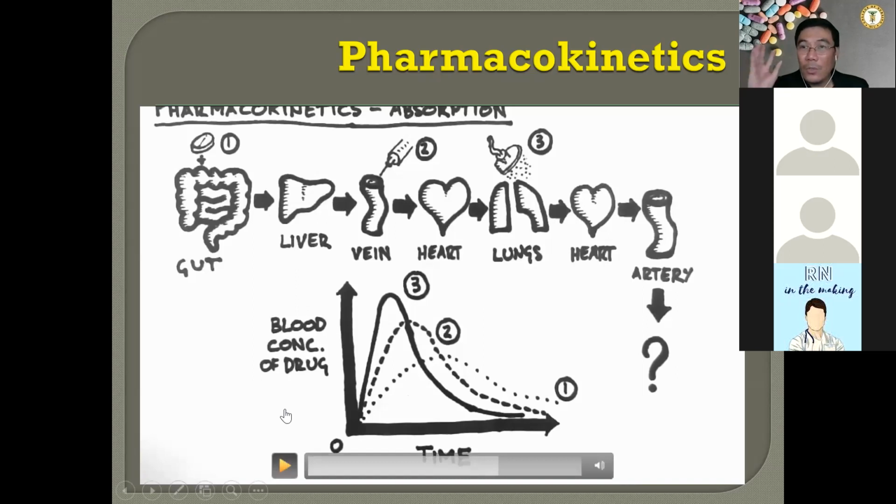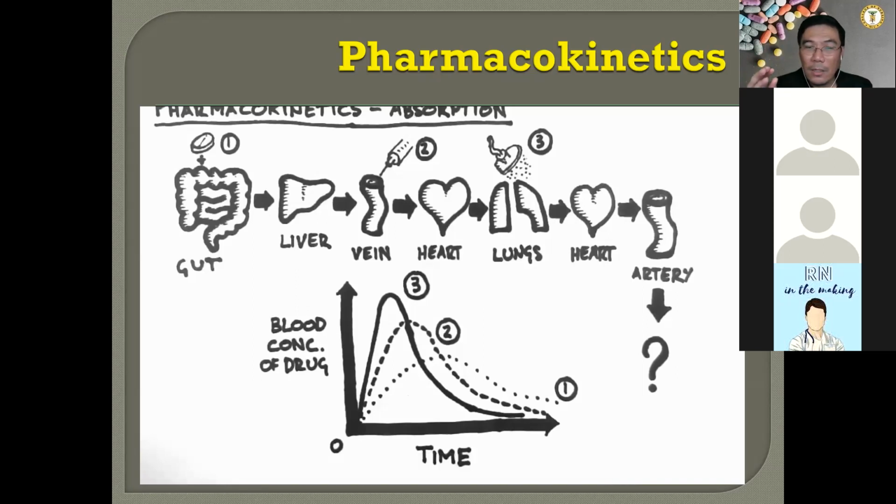So did you hear the statement of the facilitator? Most of the drugs that will prevent toxic effect are more advised to be given orally kasi it will have the first pass effect sa liver.